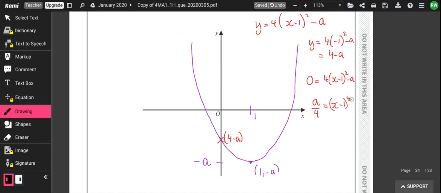So when we take the square root, we get plus minus root a over 2 is equal to x minus 1. So I'm going to add 1 to both sides and I get 1 plus or minus root a over 2 for my two x values. So this one here will be 1 plus root a over 2. And this one over here will be 1 minus root a over 2.